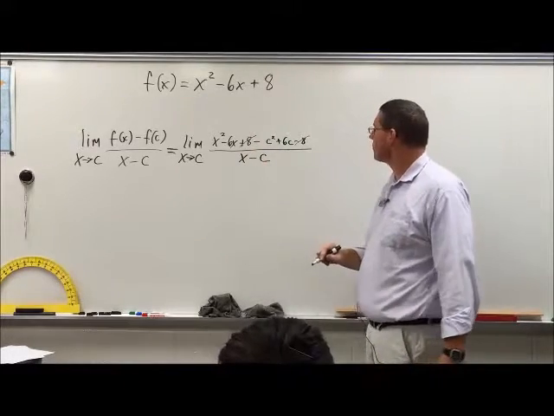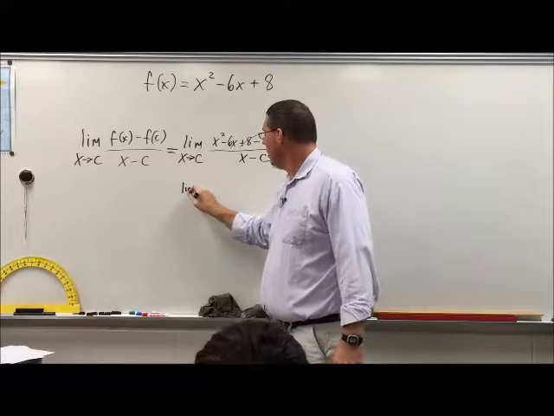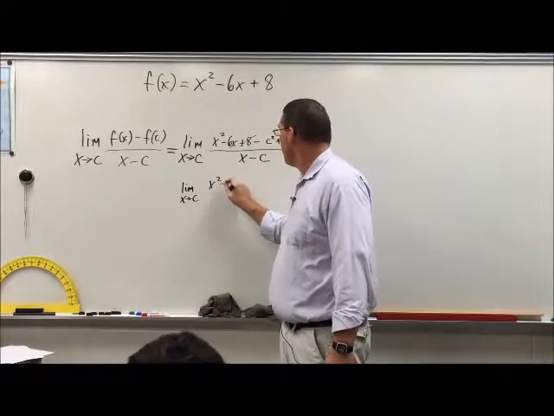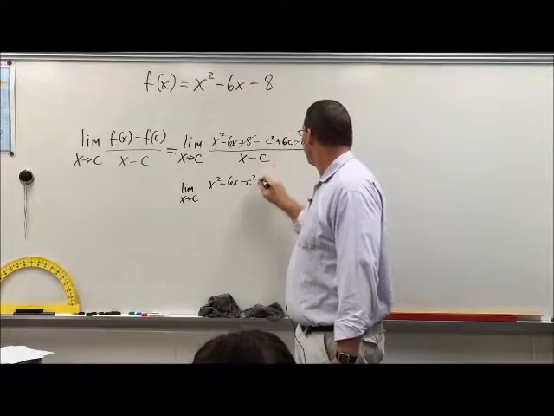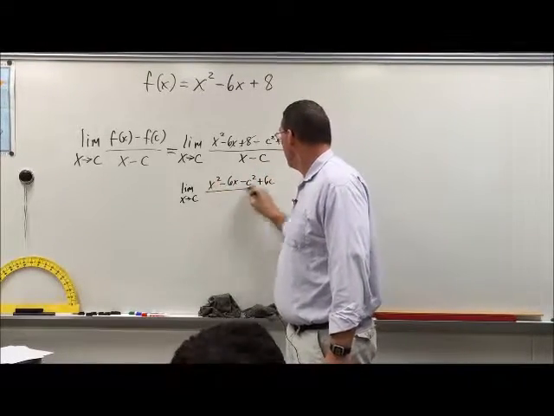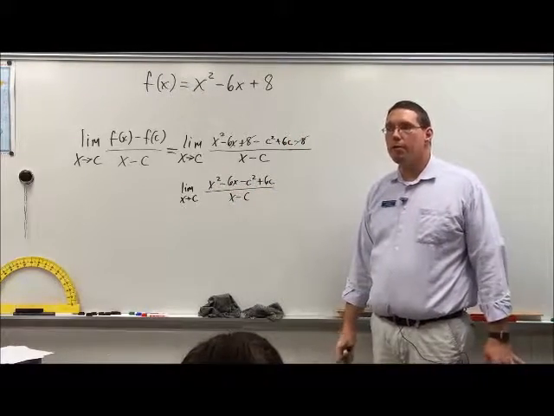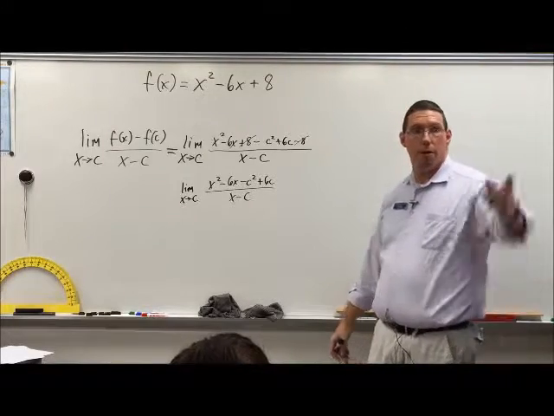And now what we have is the limit as x approaches c of x squared minus 6x minus c squared plus 6c over x minus c. It's getting a little simpler. We're breaking it down. And then it'd be x minus 6 and c plus 6.